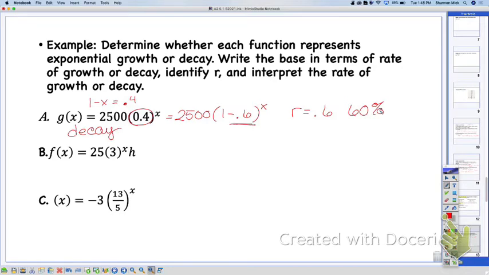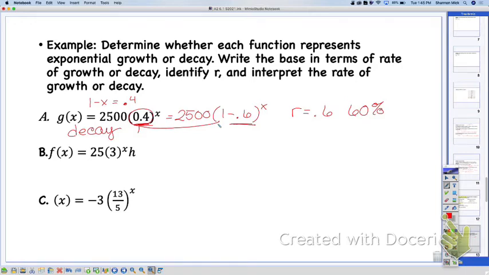The 0.4, guys, is what you have left after you take your decrease. Make sense? Yes. This right here is after you have done that. See that? You're going backwards.